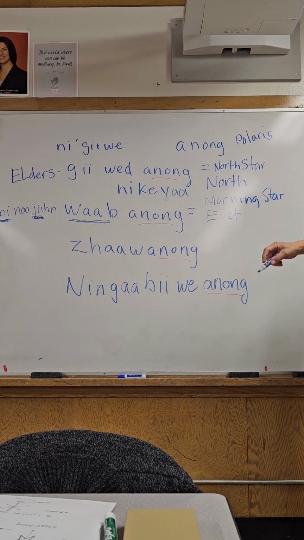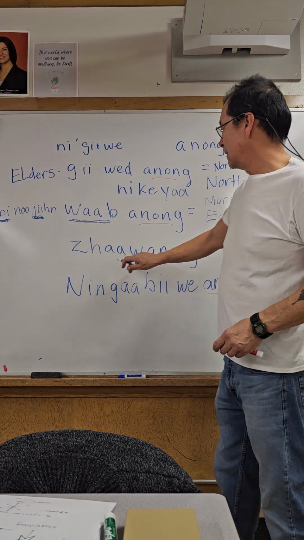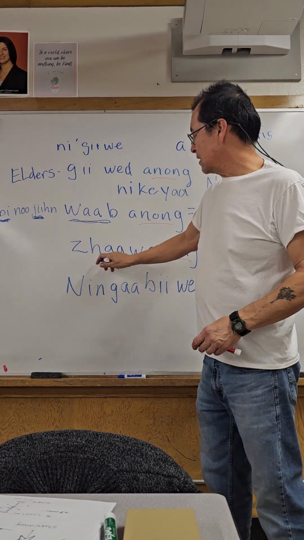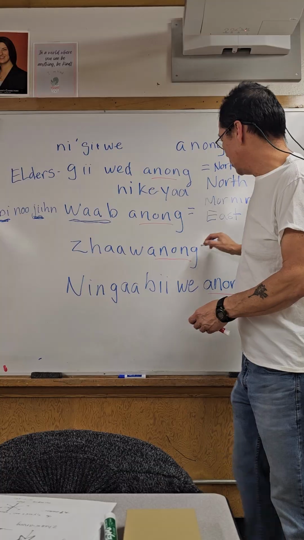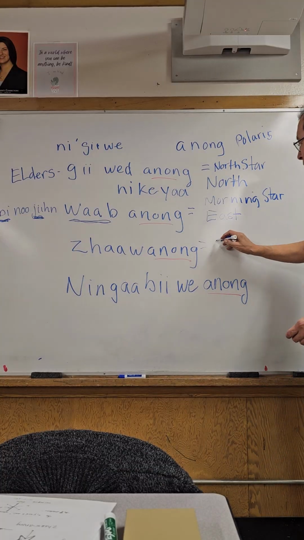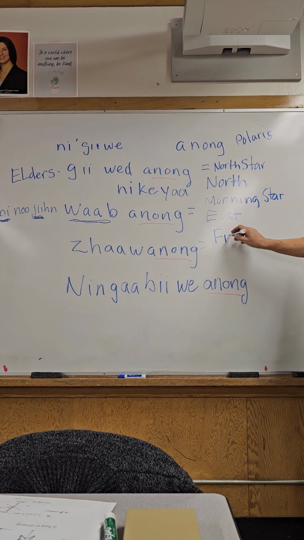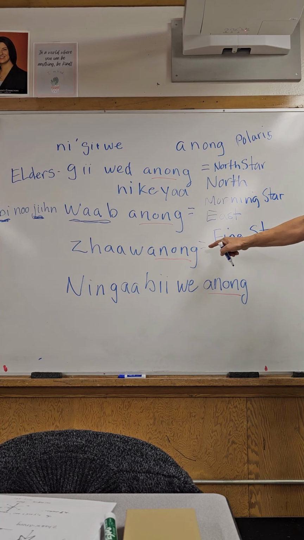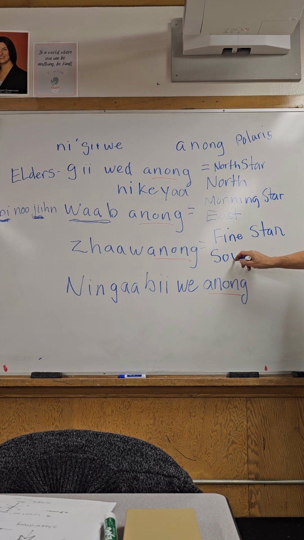Shawanung, this is in reference to a fine star. I don't know the name of the star that would be coming up in the south, or that would be prominent in the sky during the season. She probably has her little book there.